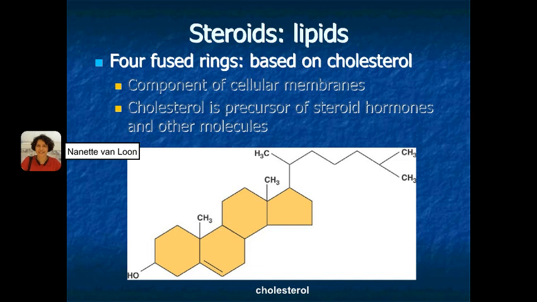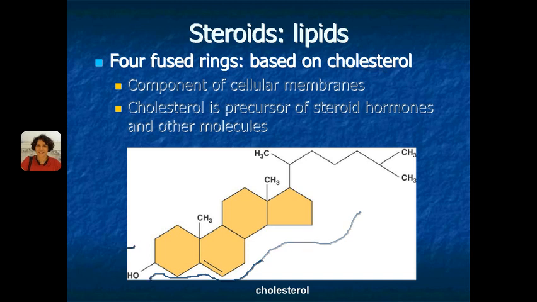The steroids constitute the last category of the lipids, and steroids are all based on the cholesterol molecule. We see the structure of cholesterol on the slide, and you can see immediately that cholesterol has a quite different structure from the neutral fats and the phospholipids.